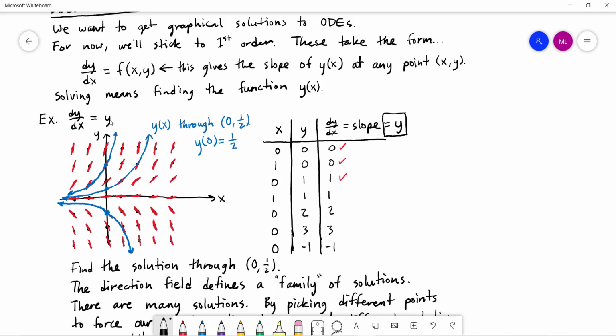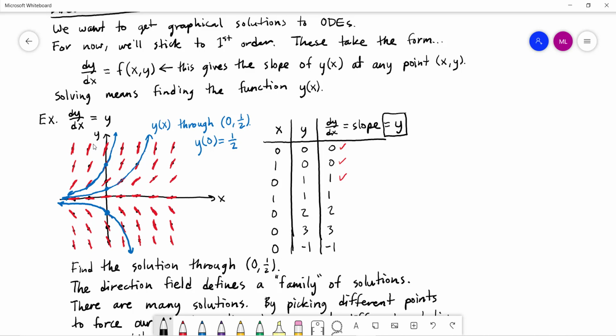Because the rate of change only depends on y, has no x dependence, essentially what you get is a picture where we look at all the different y values here, and if you shift that to a different x value, you just get an exact copy. So we really only have to do one column of solutions and then just copy and paste it at x equals 0, x equals 1, x equals 2, x equals 3, x equals 4, x equals -1, x equals -2, and so on. This column, oops, let me undo that.